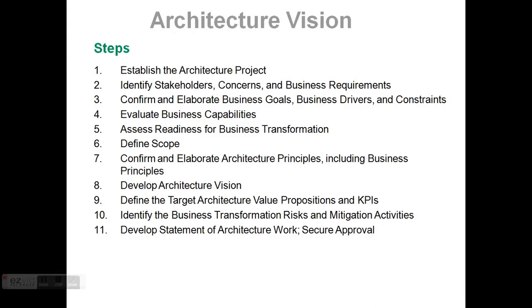And the second is the residual level of risk, which is the risk categorization after implementation of mitigating actions, if any exist. Risk mitigation activities should be considered for inclusion within the statement of architectural work.